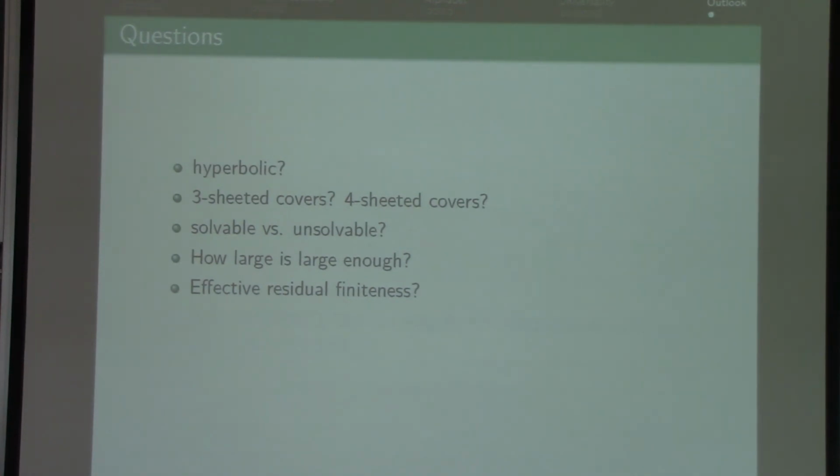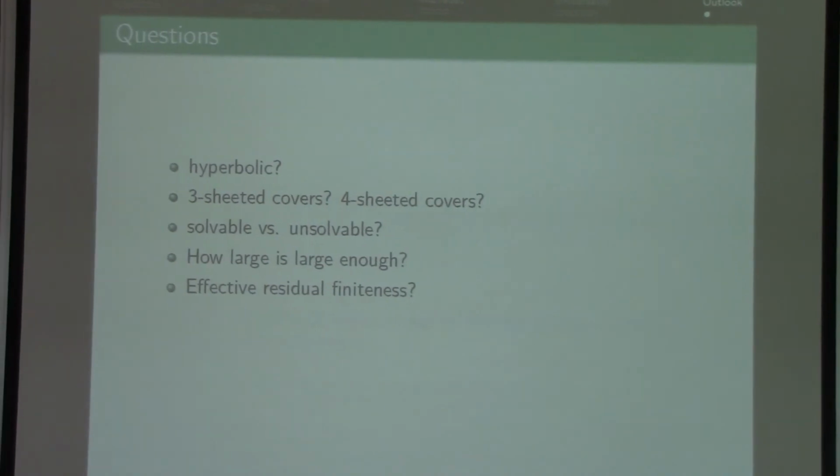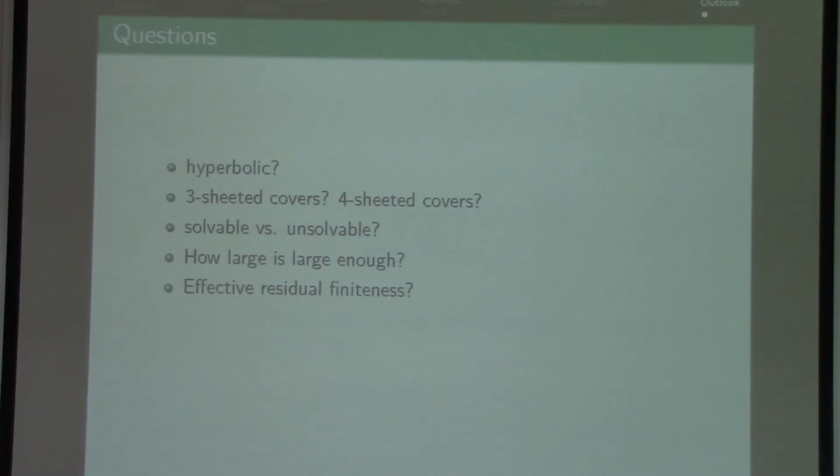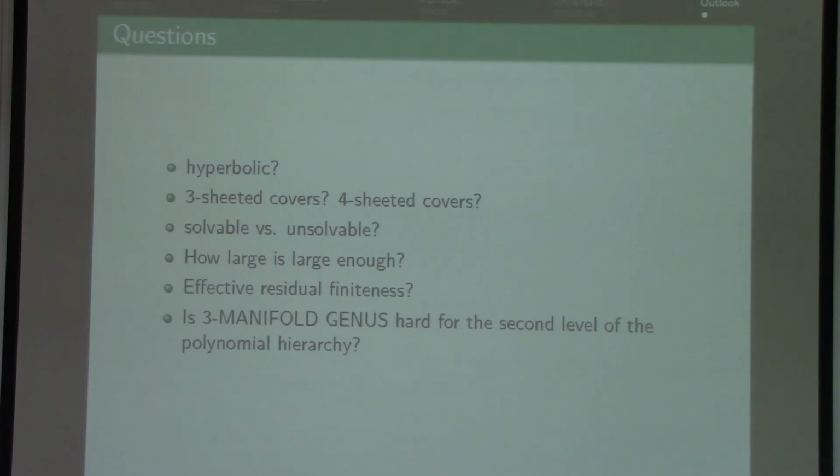Related to all this, and things that have come up the last couple of days, is there an effective residual finiteness for 3-manifold groups? And something that has bugged me is that counting these invariants looks a lot like these circuits. So can you use that to say something about genus?